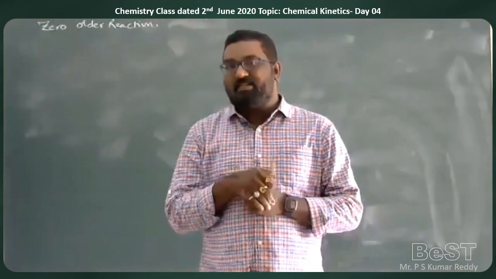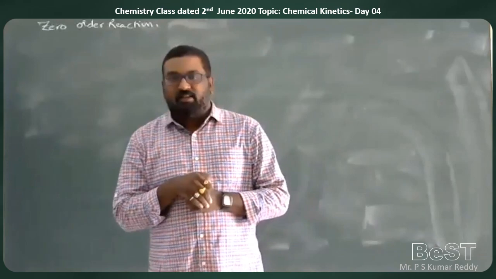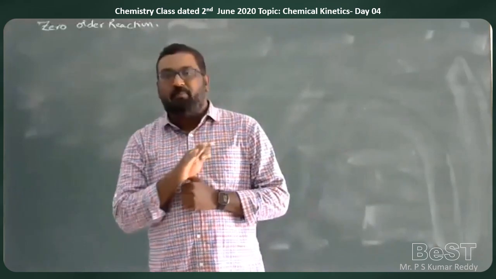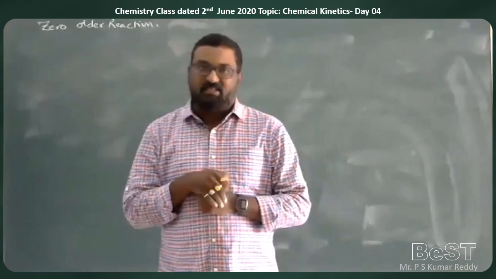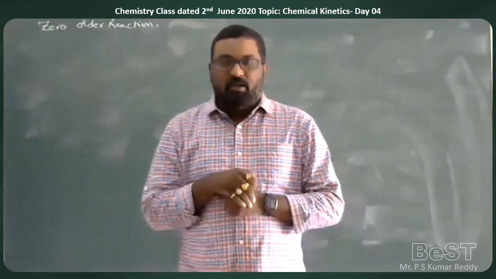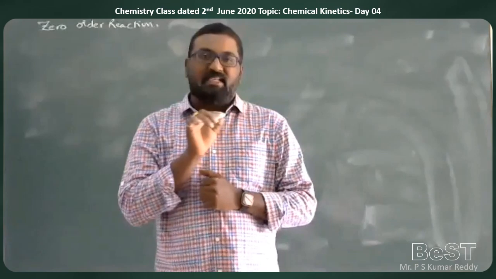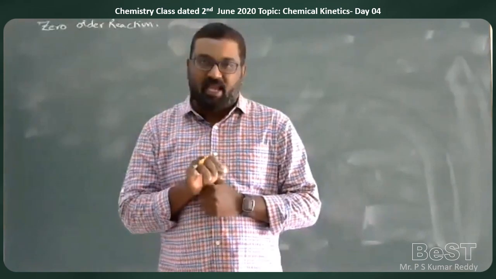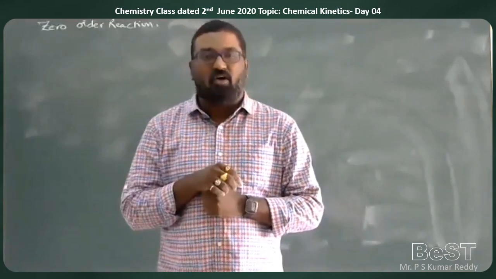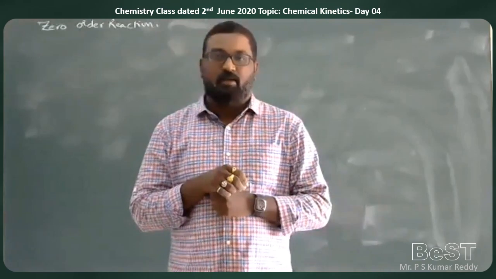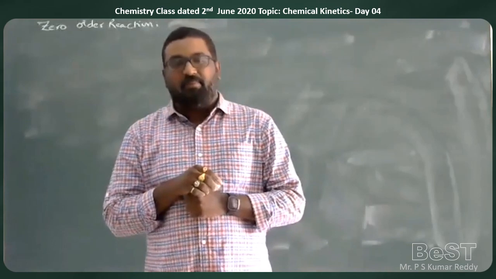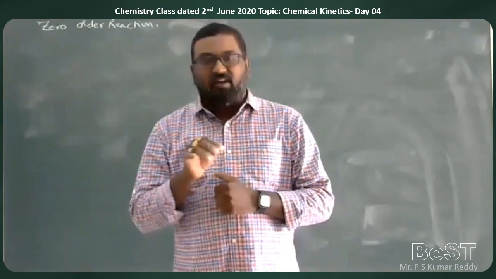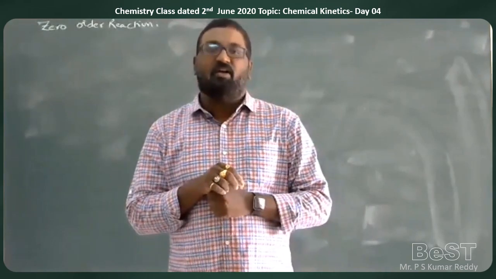In such conditions, the reaction rate will not depend upon the concentration of the reactants. Such reactions, in which the rate of reaction is independent of the concentration of the reactant, are called zero order reactions. Now, let us see how we are going to derive an equation for the rate constant of a zero order reaction.